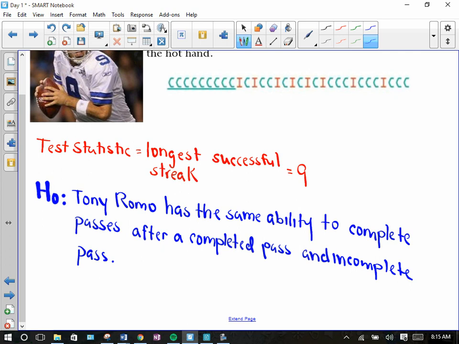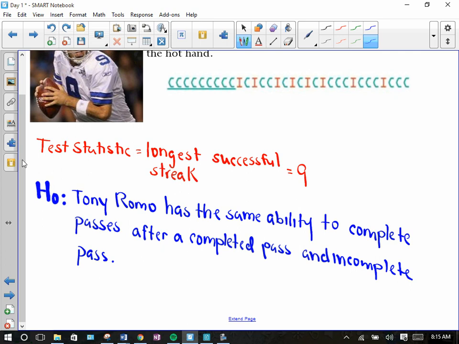But I want to show you first the shorter way to write this. In our null hypothesis, we are assuming that Tony Romo has the same ability to complete a pass after he completes a pass and after an incomplete pass.